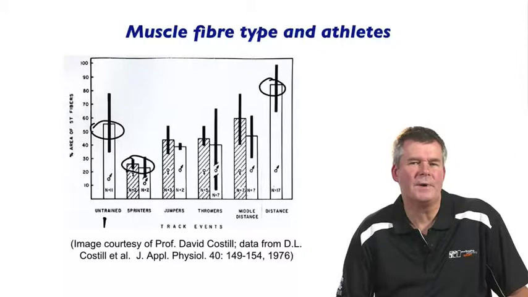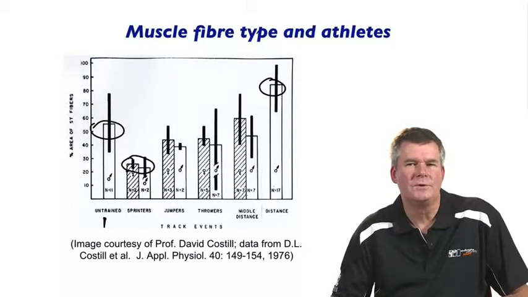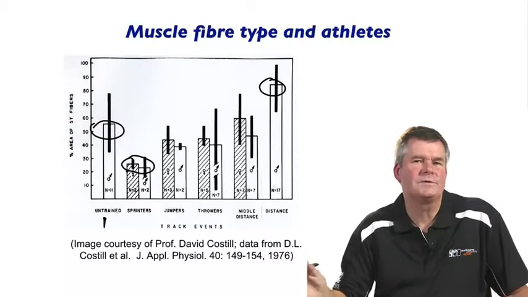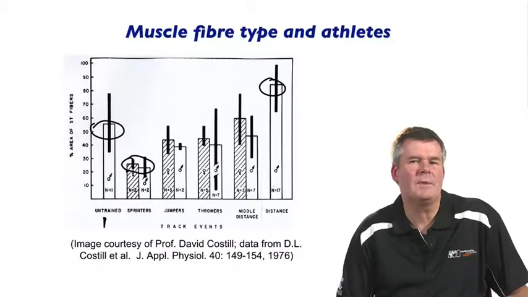It's probably a bit of both, although it's thought that there is a large genetic component to fibre type distribution. Having said that, prolonged endurance type exercise has been shown to involve some fibre type switching and transition from 2A fibres towards type 1 fibres, certainly in their metabolic characteristics, if not in terms of their contractile characteristics.